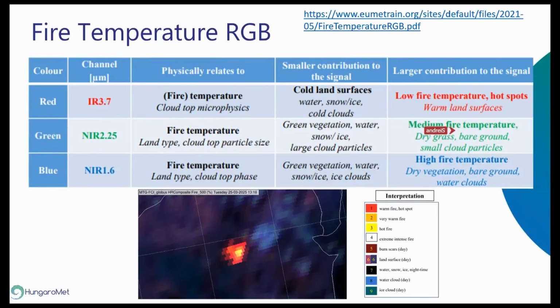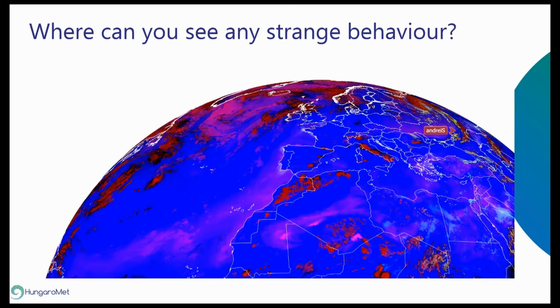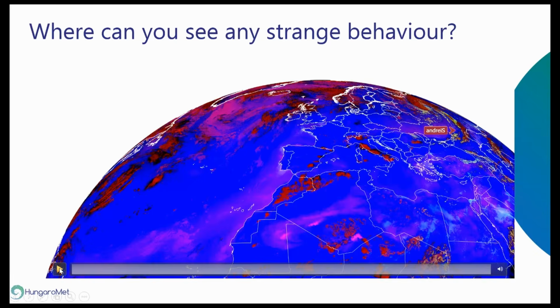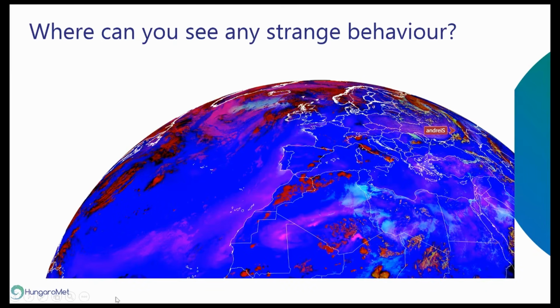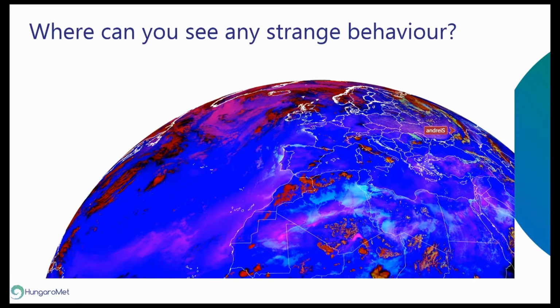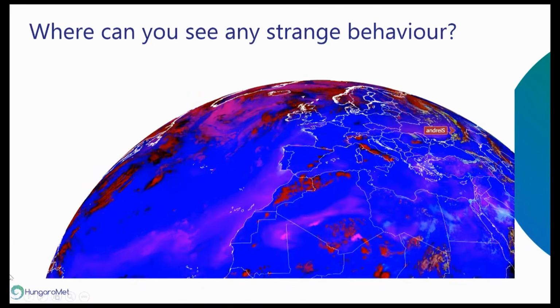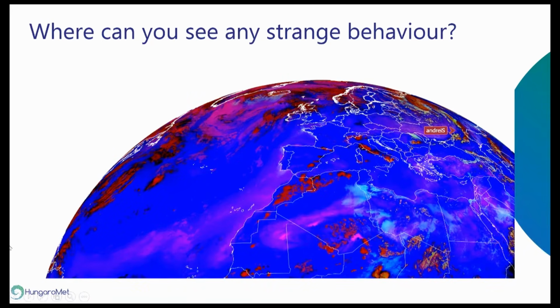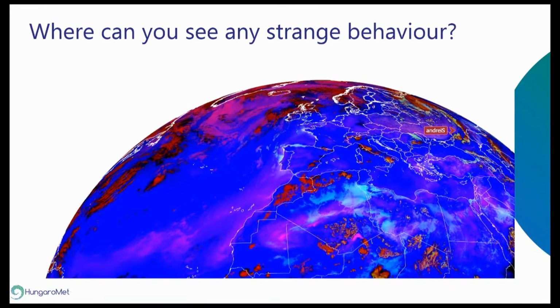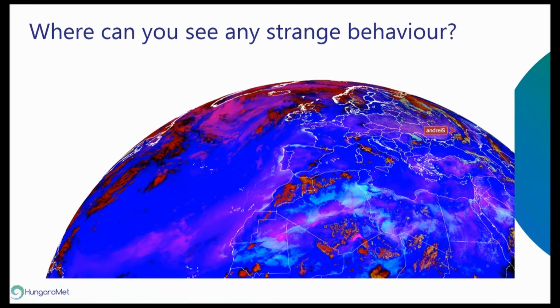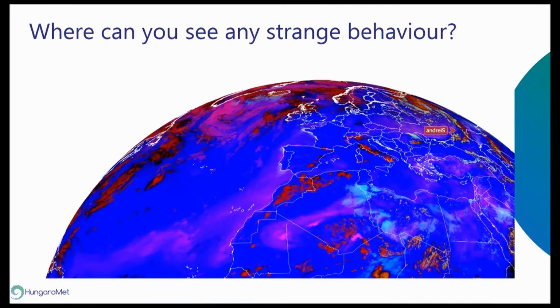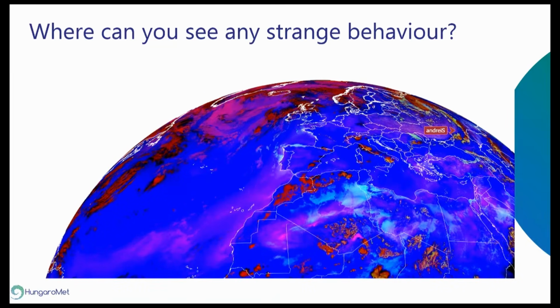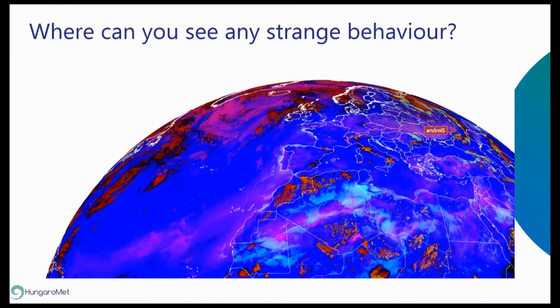And there is only one last phenomenon which I chose to show you in this weather briefing. I will just try to run this loop, and this is a nighttime RGB, and you will see some strange behavior in this RGB, and I would like you to try to mark where you see this strange behavior.